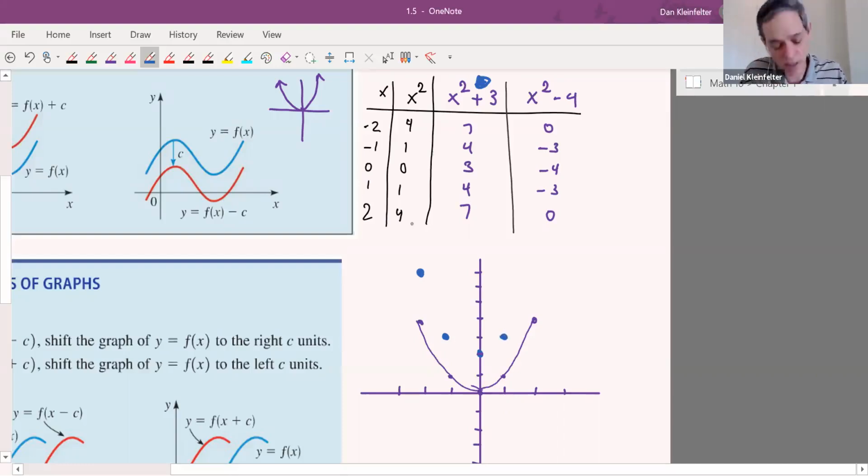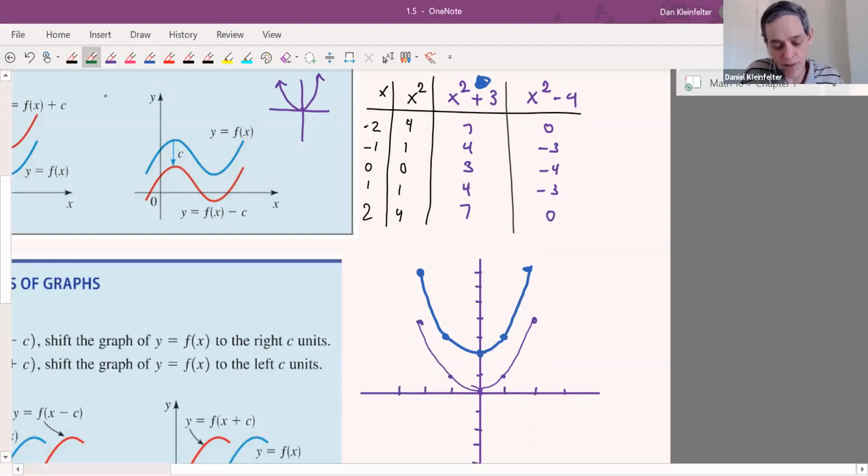And then when x is 2, y is 7. So if you just form the mirror image across the y-axis, then you've got the right idea there. It should look like the blue graph is essentially the light purple graph, but scooted up by a couple of units.